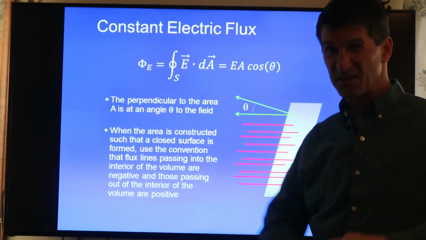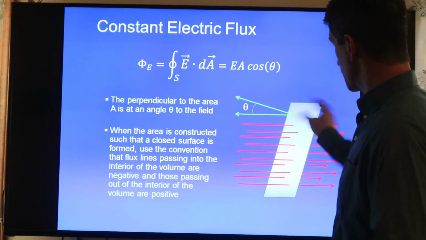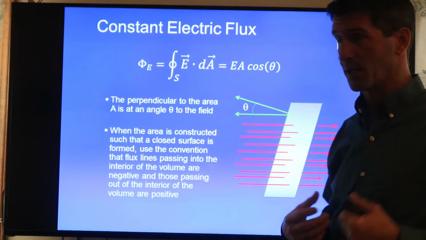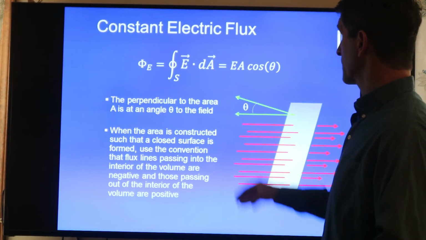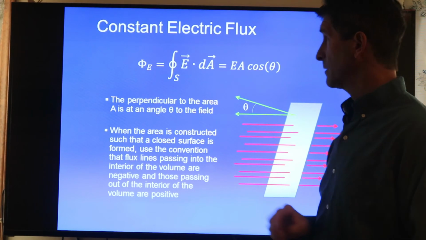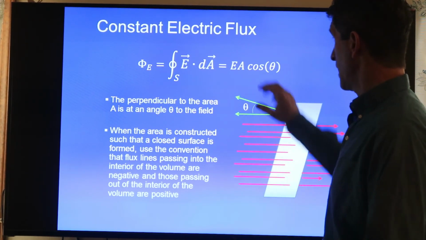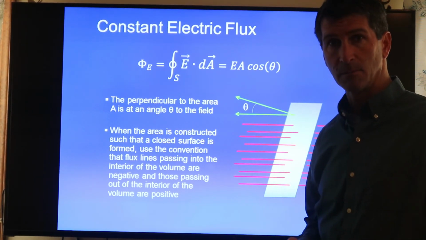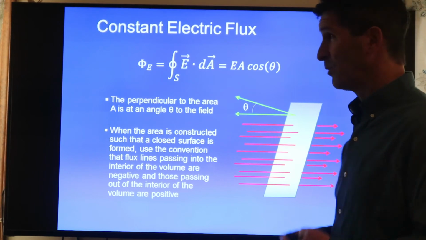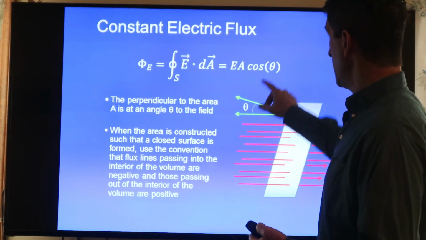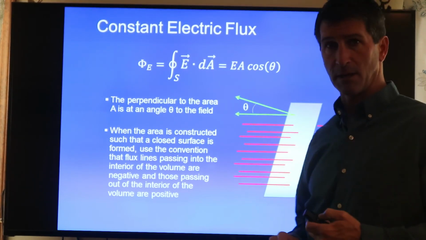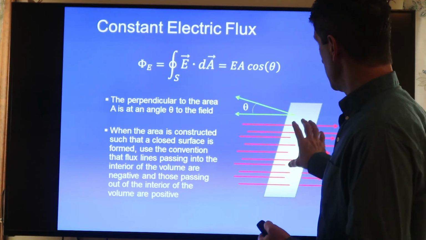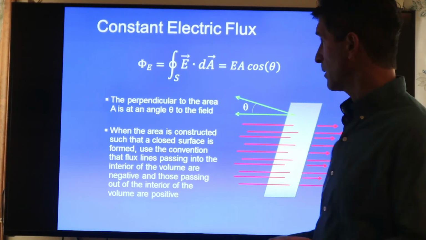The shape of the surface has to be completely flat, so the direction that the electric field lines pass through is constant. And in that particular case, our calculation just becomes EA times cosine theta. Okay? In fact, it would actually become simpler if the angle that the electric field lines pass through the surface was completely perpendicular.